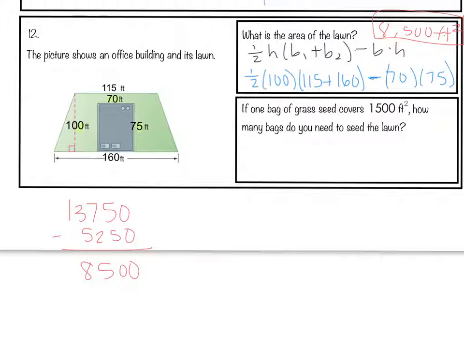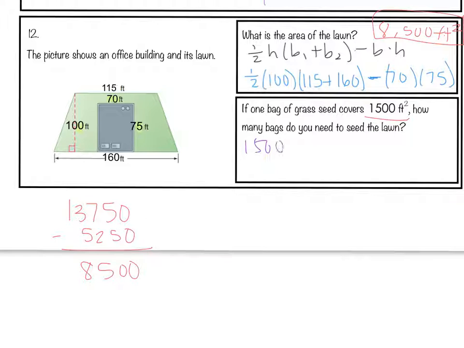And the second question says, if one bag of grass seed covers 1,500 square feet, how many bags do you need to seed the entire lawn? Well, my lawn is 8,500 feet squared, and each bag of grass seed covers 1,500 square feet. So if I list those out, I need at least 8,500.